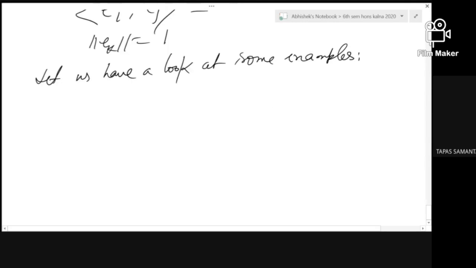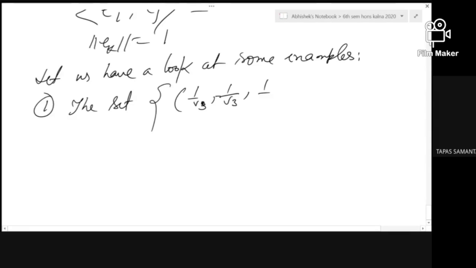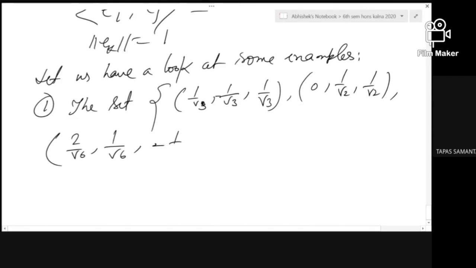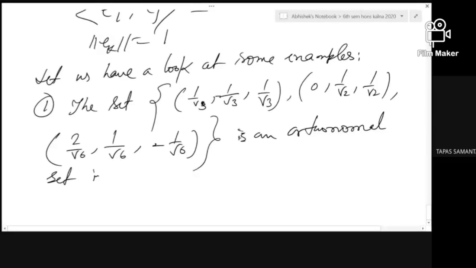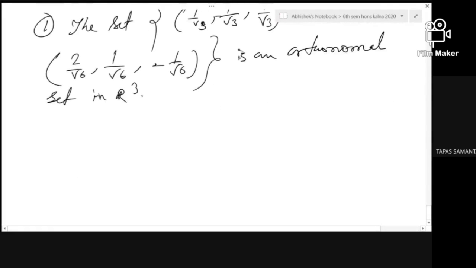You may check that the set of vectors (1/√3, −1/√3, 1/√3), (0, 1/√2, 1/√2), (2/√6, 1/√6, −1/√6) is an orthonormal set of vectors in R3. So you may check.